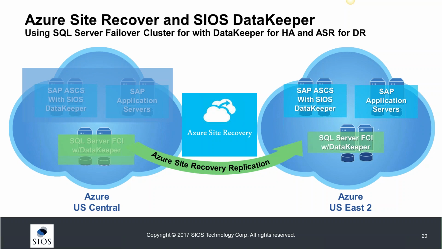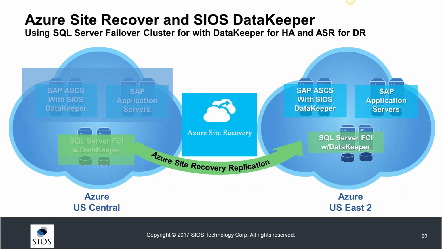So in this case, you're only paying for 2 virtual machines to run SQL Server and 2 SQL Server Standard Edition, and so you're going to save the money that you would spend by deploying a third node in your DR site and a third copy of DataKeeper. So it's going to be even less expensive, and we'll look at the pricing in a few slides here.